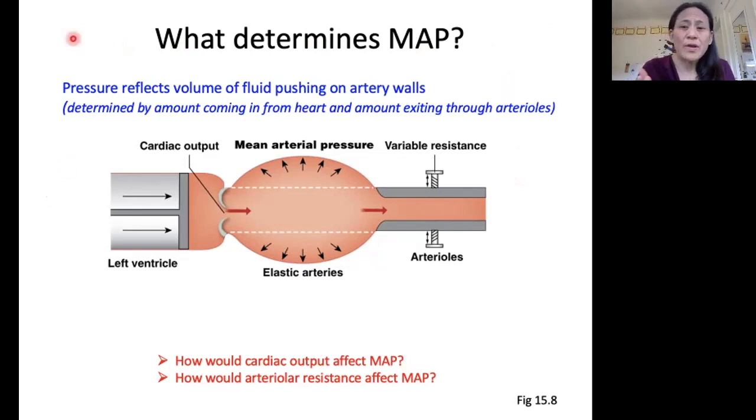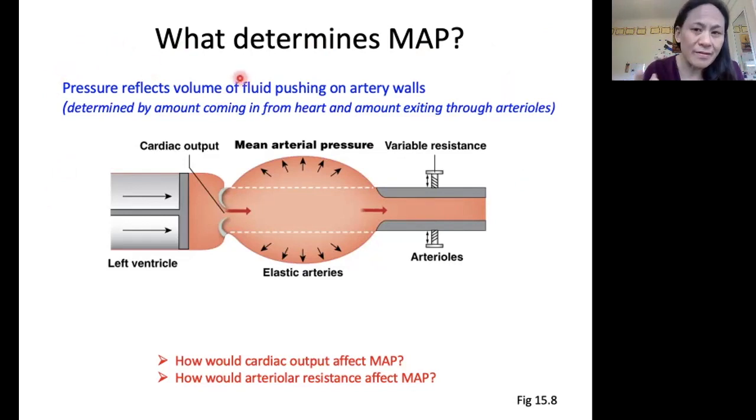Okay, so we just went over how to calculate mean arterial pressure, or MAP. Now I want to talk about the factors that affect MAP. I want to start by saying that the pressure in the arteries is going to reflect the volume of fluid, or the volume of blood, that we have in our arteries.